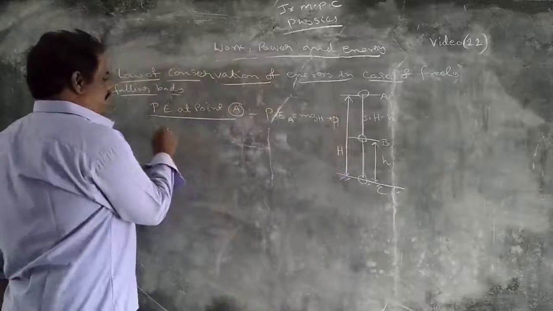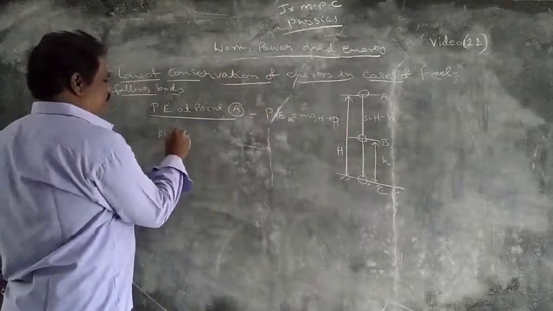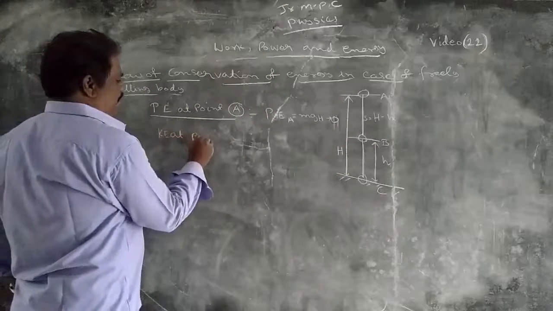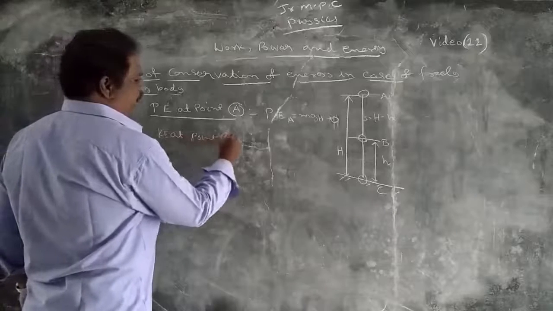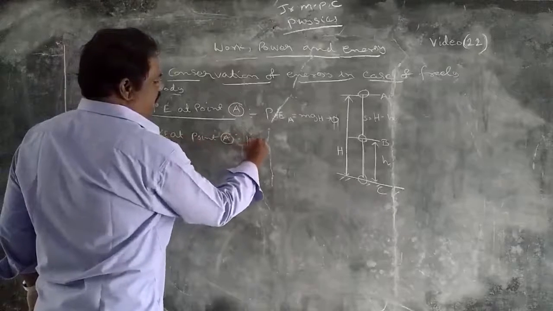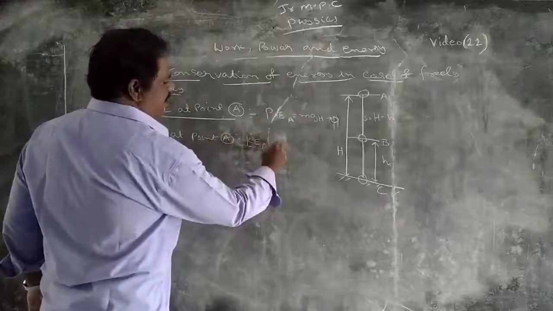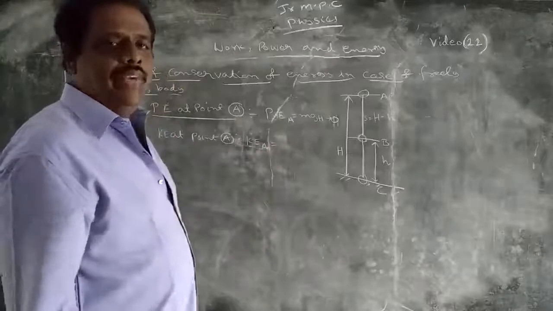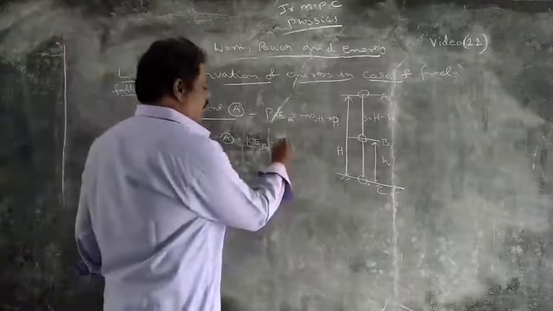Next, kinetic energy at the point A. K.E. at A is equal to the kinetic energy formula, half mv square.